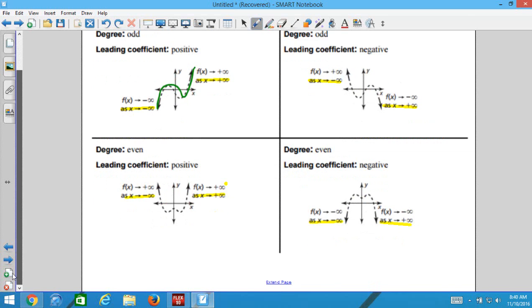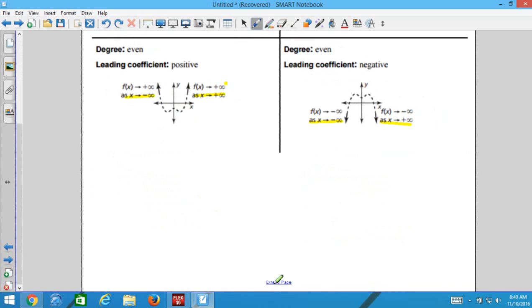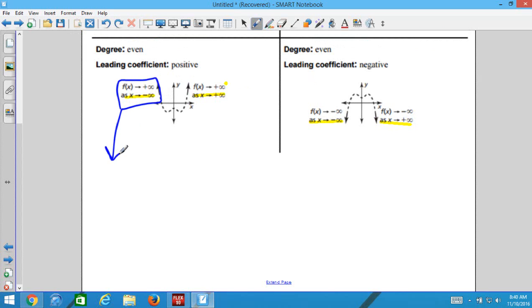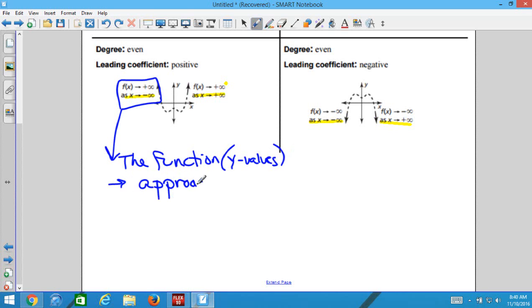So that would be something that you can memorize, but it's easier to memorize if you know what it means. So I'm going to write what this means in words. This says f of x, and then there's the arrow. That means the function, or f of x we know as the y values. And then the arrow means approaches. And then the next thing means positive infinity.